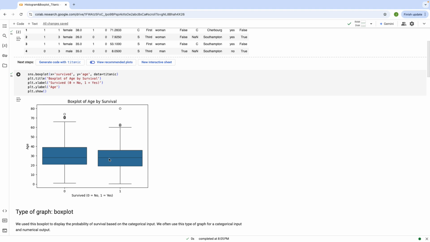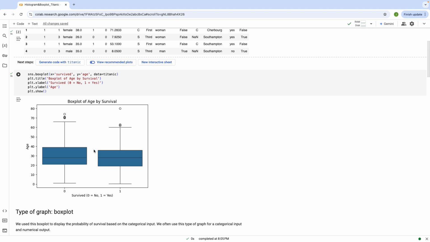Another percentile is this middle bar. That's called the median. The median means 50% of the individuals have a value of less than that value, and that value is 28, and 50% are older than 28. Now, the next percentile is called the third quartile.